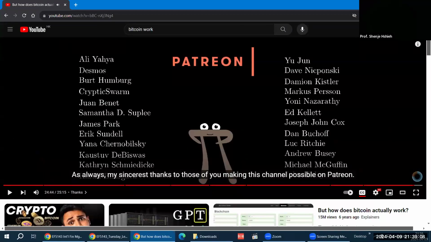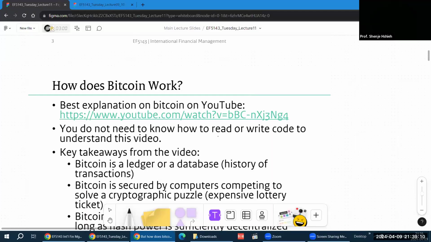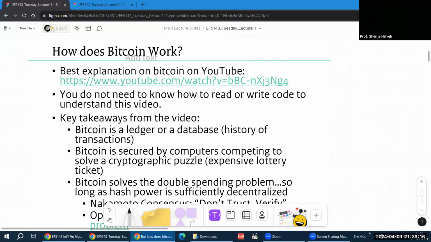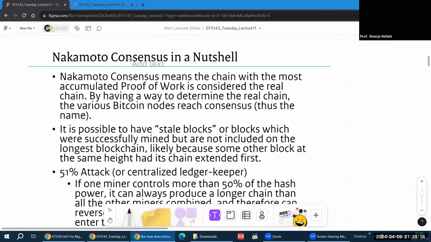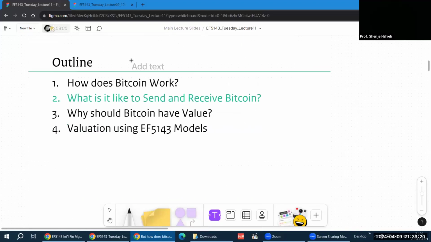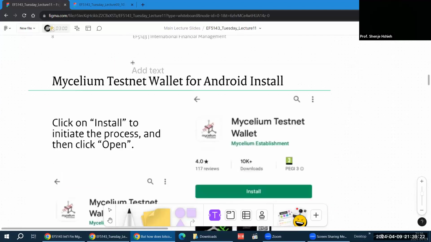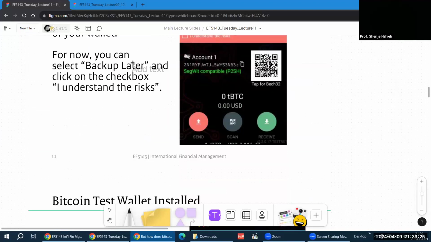Alrighty, so you can rewatch that on your own time of the technical details. What I want to conclude for today is to actually show you a transaction taking place. So I gave you some instructions to download your own wallet to play with fake Bitcoin.